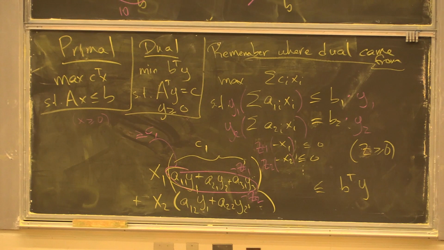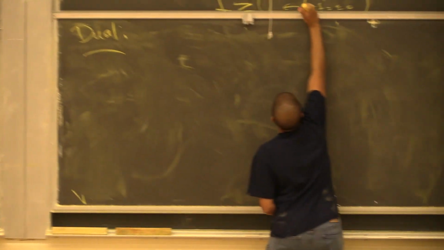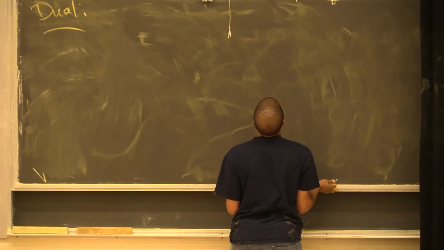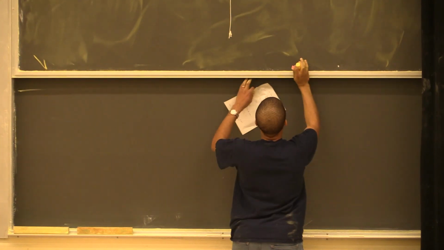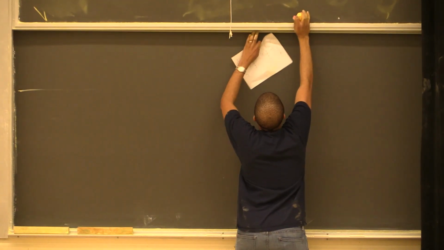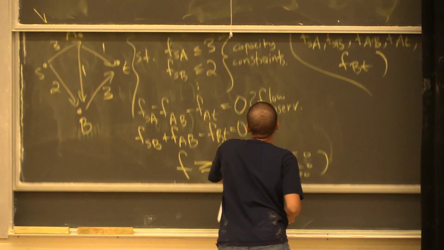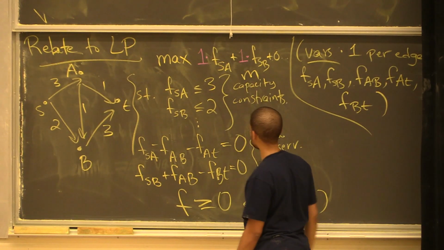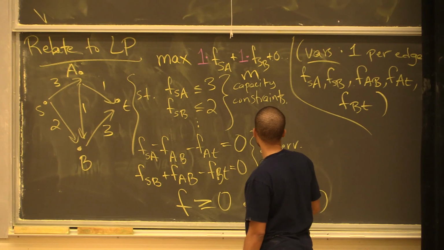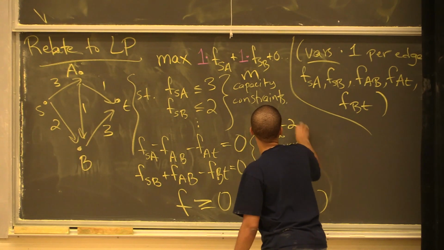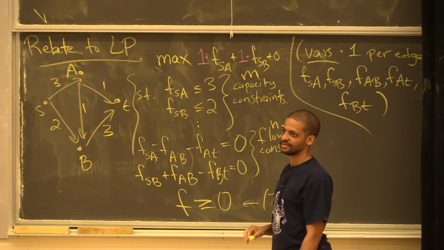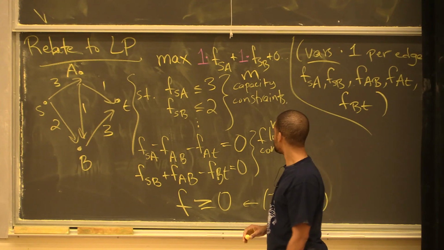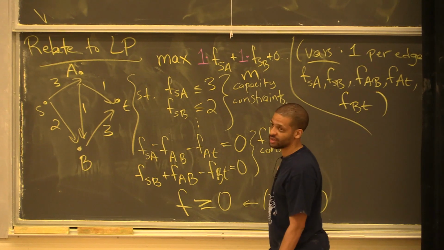So other than the non-negativity constraints, I really only have two kinds of constraints up there. I have capacity constraints, and I have flow conservation constraints. How many do I have? I have m capacity constraints, and I have n minus 2 flow conservation constraints. Right? I don't have one for S or T.